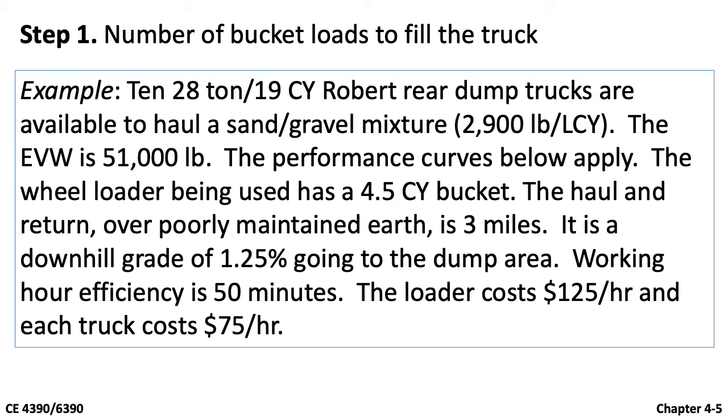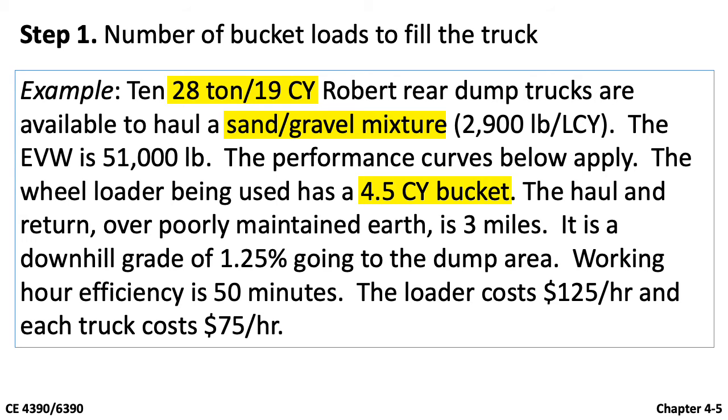Okay, step number one, calculate the number of bucket loads to fill the truck. To calculate it, you need to know the truck capacity and the bucket capacity. From what is given, we have a 28-ton or 19 cubic yard truck, and the material is a sand and gravel mixture. The loader bucket is 4.5 cubic yards.